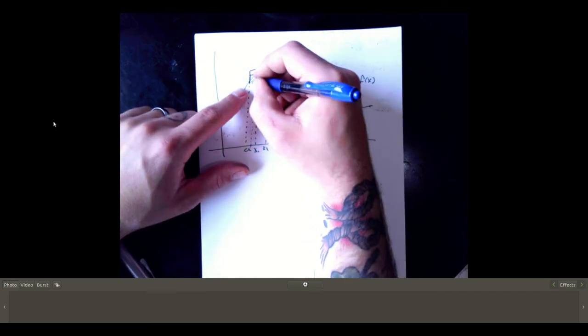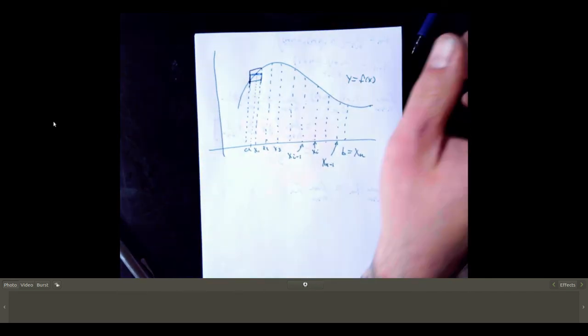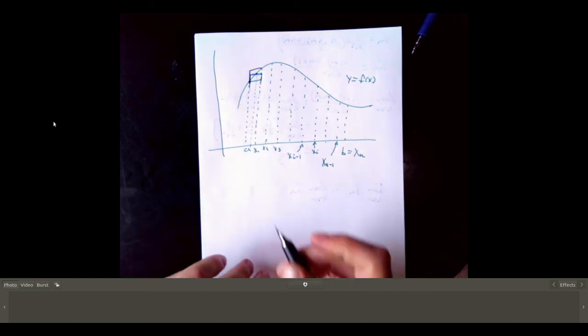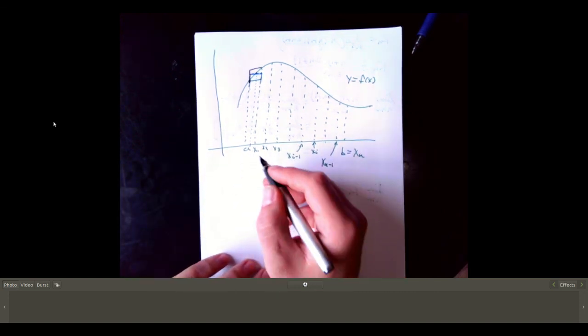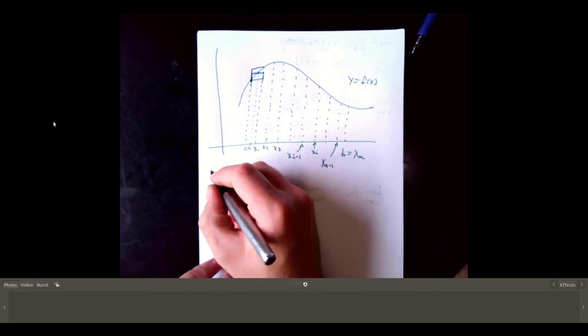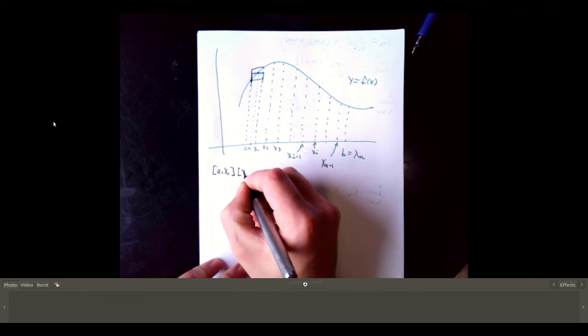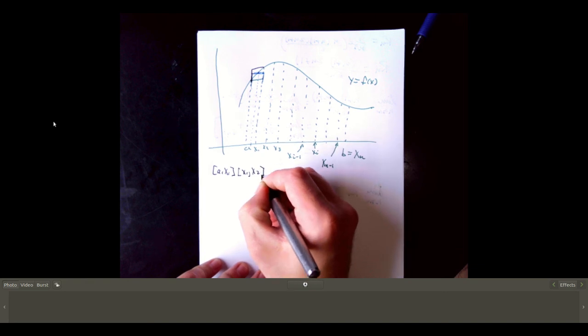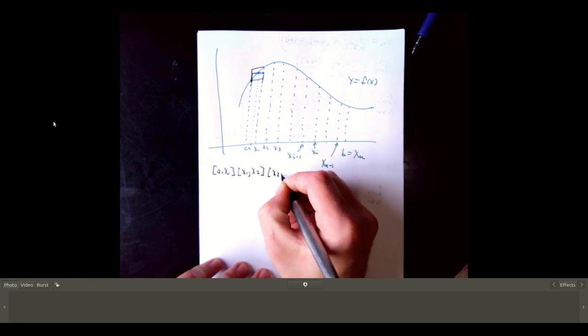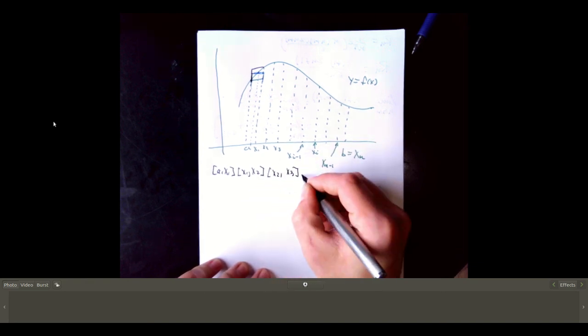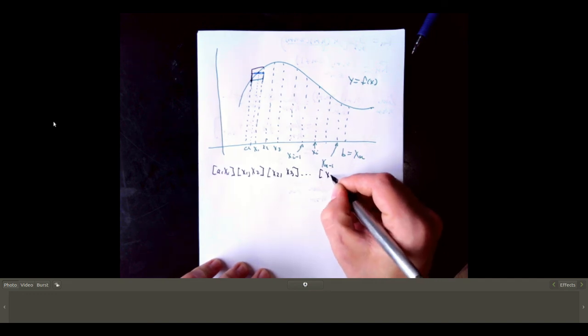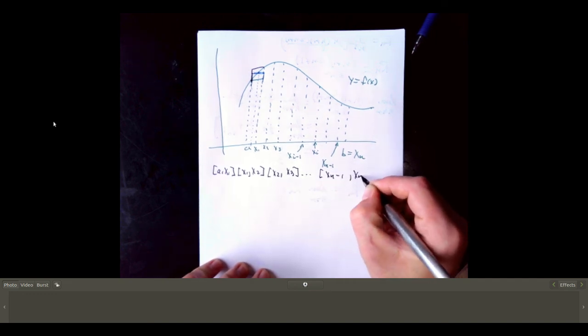We didn't discuss midpoint in the previous example, but for all of these, we have our regions. Our regions are a to x1, x1 to x2, x2 to x3, and then we'll have x sub n minus 1 to x sub n.